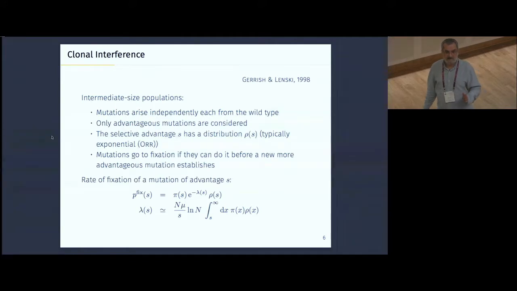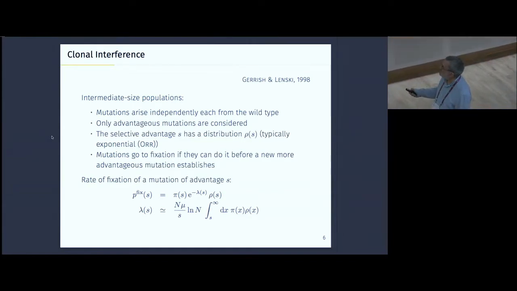So this is like the case I showed you before, in which we had A, B, and C appearing from the wild type. We are considering only advantageous mutants, essentially to simplify the matter. And we assume also that the selective advantage has some distribution.